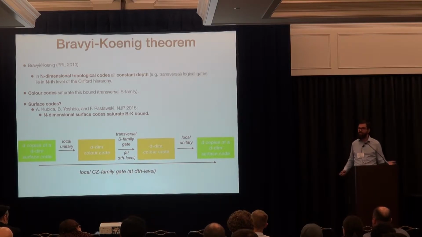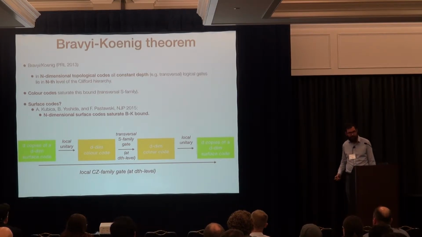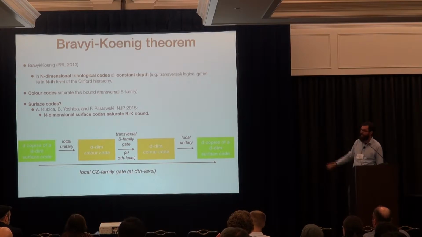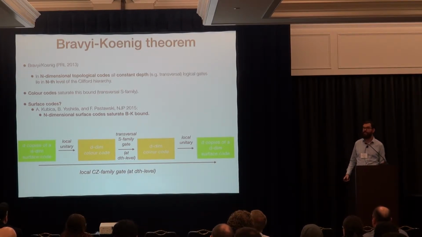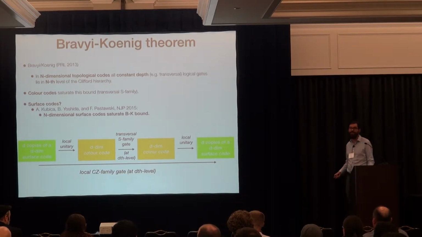So this tells us, for example, that in 2D codes, we're not going to find transversal non-Clifford gates. And rather remarkably, the color codes have been shown to saturate this bound. So as you go up to dimension D, you'll find transversal gates in the Dth level of the hierarchy. And the construction is actually very, very simple and easy to understand.